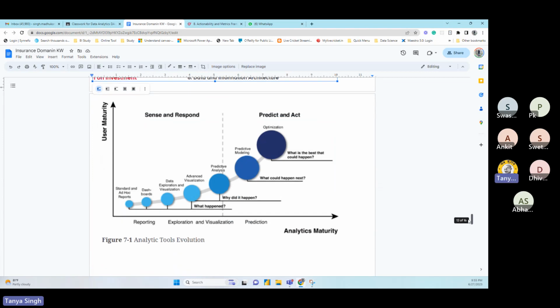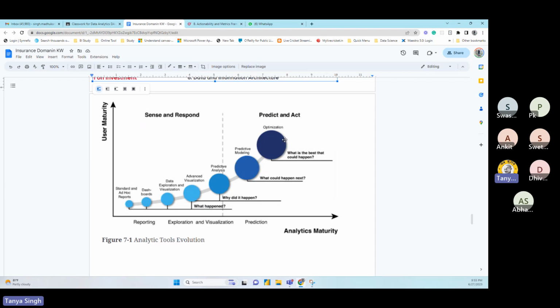So going to here, the next thing is how reporting maturity comes into the picture, right? You start with very ad hoc reports, and then you build the dashboard, then you do the data visualization, then you do the advanced visuals, then you go for predictive analysis, and then predictive modeling, and then you optimize, where you can do more machine learning and see what could happen, right?